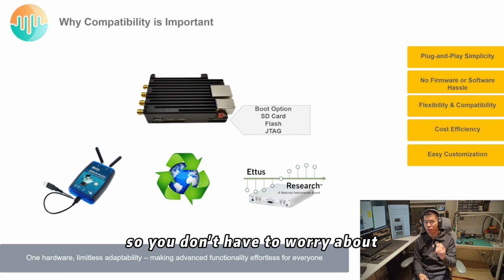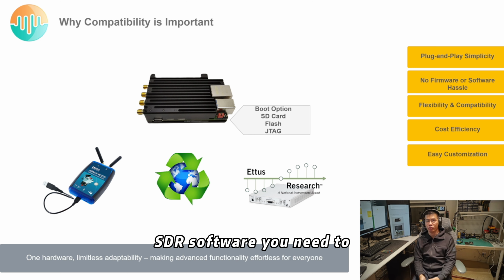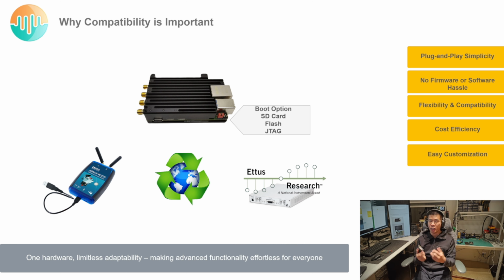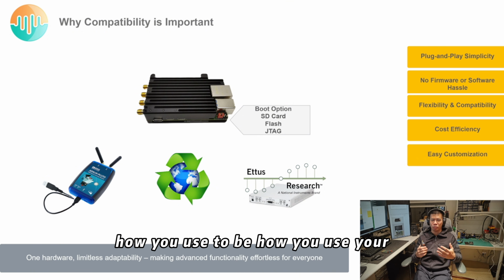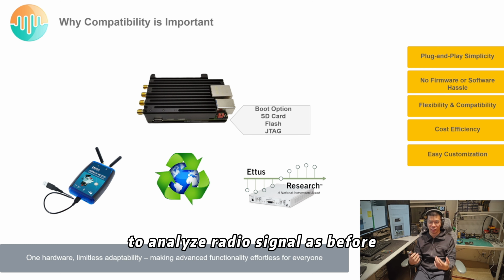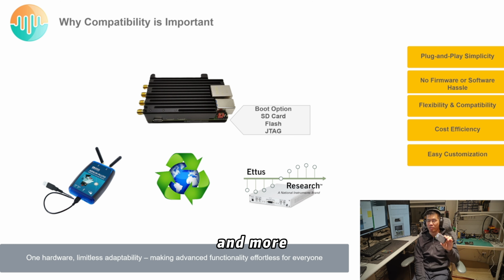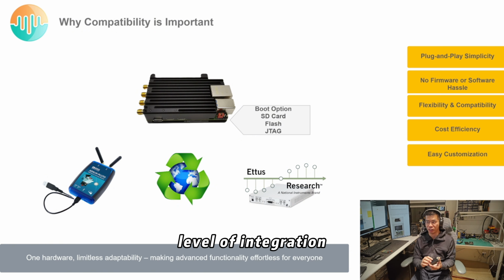So you don't have to worry that you need to write a new plugin for your SDR software, like MATLAB or GNU Radio. You need to write a new driver? No, everything is just like how you used to use your software-defined radio software to analyze radio signals as before. The difference is you have a more powerful hardware and more hardware able to expand into a higher level of integration.